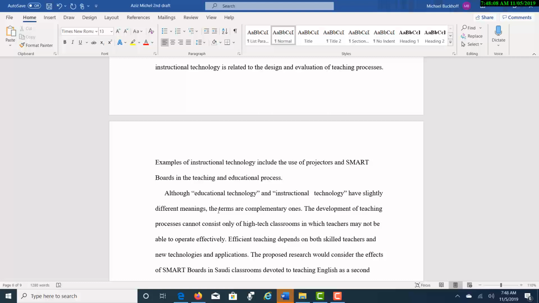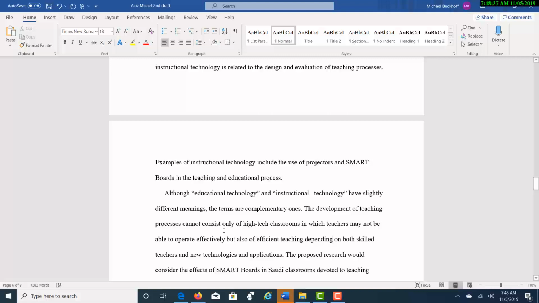You got, they consist not only of high-tech classrooms in which teachers may not be able to operate efficiently, but also of, I think you have to do this, efficient teaching methods.